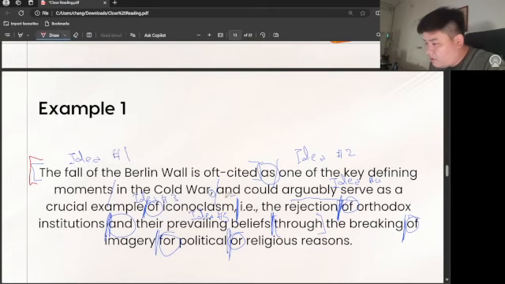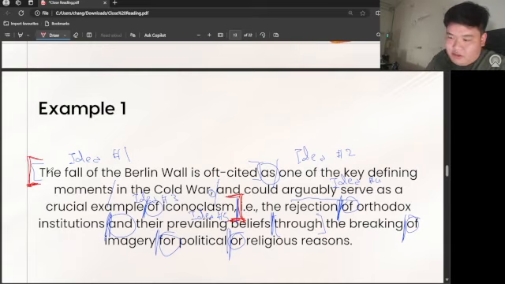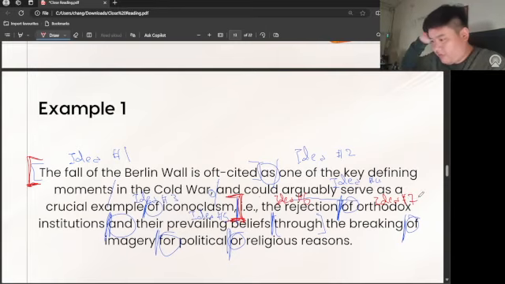Up to this point, we are saying that the fall of the Berlin Wall could serve as a crucial example of this thing. And what is this thing? This thing is the rejection, idea number 6. And then idea number 7, and so on and so forth. That's how you want to label, for each marking that you make in the text itself.